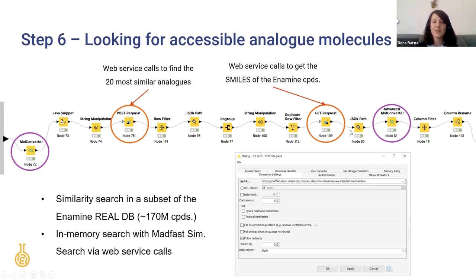And after that, again extracting the SMILES strings themselves from the JSON output of the GET request node, we will use the advanced molecule converter to convert the SMILES representation of the analog molecules into the chemical structural representation of these Enamine analog compounds.